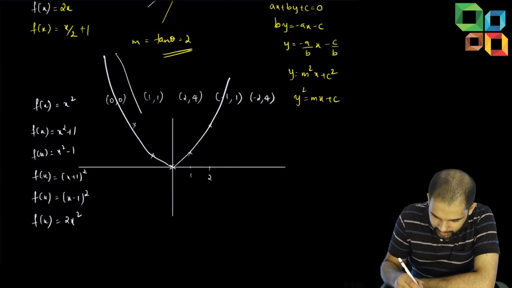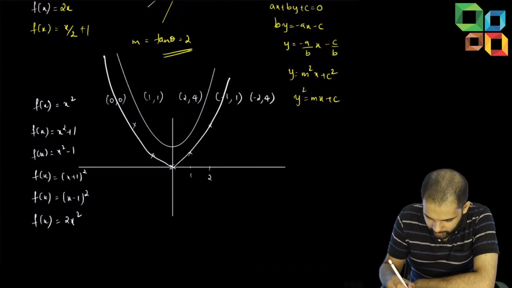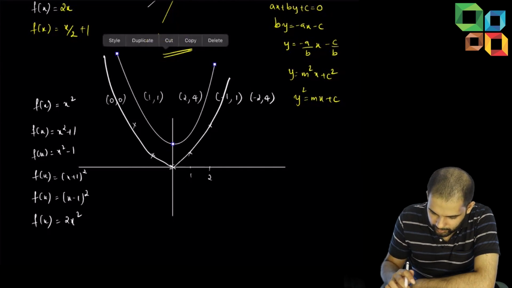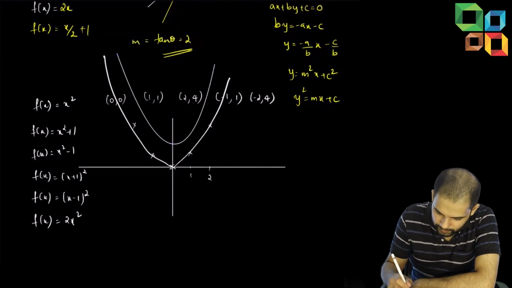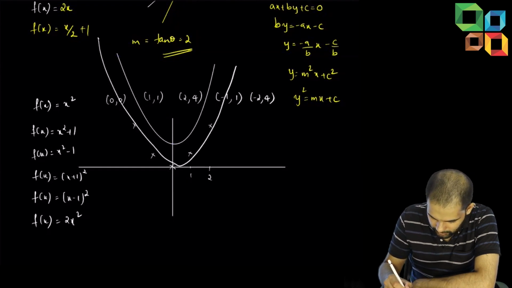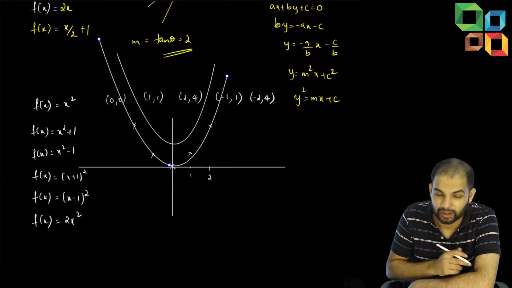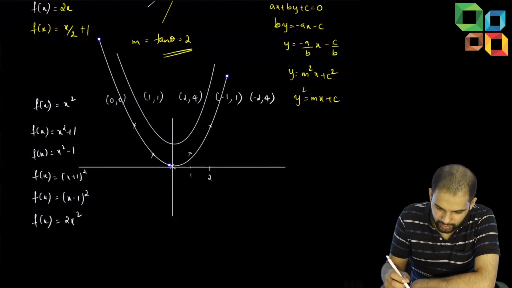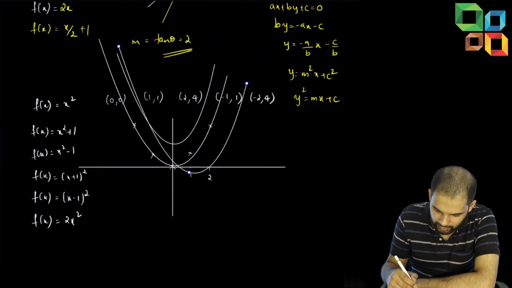So if I just have to draw the graph, let us have a better curve. Yes, something like this. Let me delete this one and draw a smoother curve. It should pass the origin, so something like this. So it's just shifting 1 unit. For the same curve, what will happen?